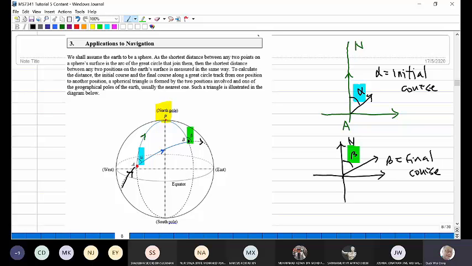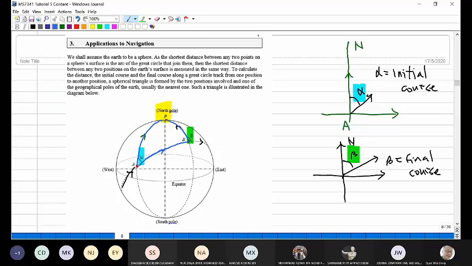As we join to the North Pole, it's actually a triangle, and the triangle looks something like this. This is the portion of the triangle for the movement. It's a spherical triangle. This is the portion we are focused on.